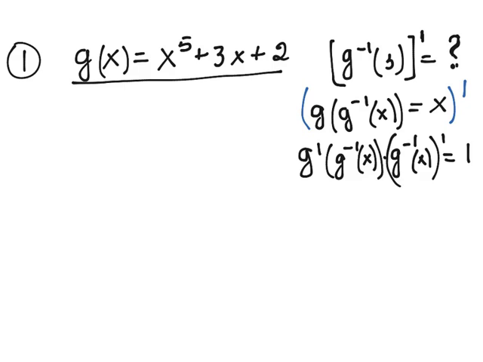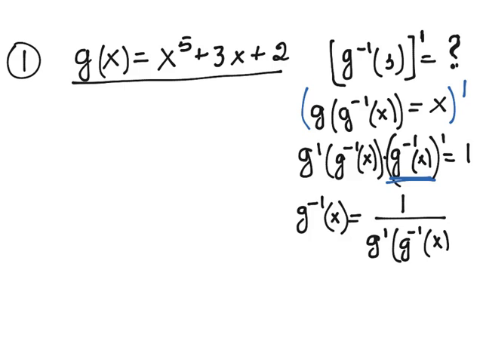Therefore, g inverse prime at a certain point equals 1 over g prime of g inverse at that same point. So unfortunately you do need to memorize this formula, otherwise it's going to be hard and you're going to lose so much time trying to figure out these kinds of problems.